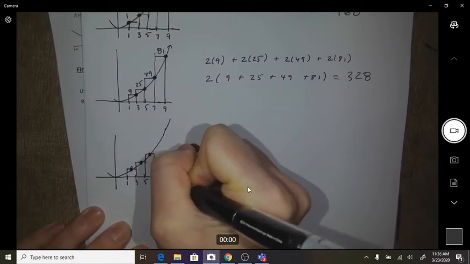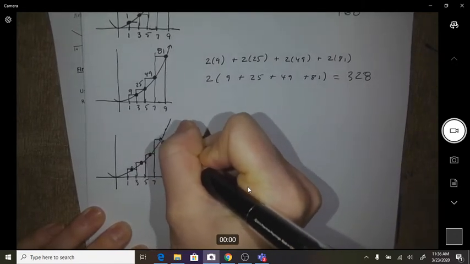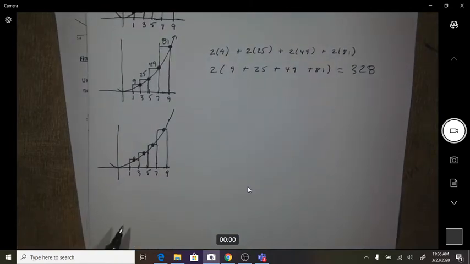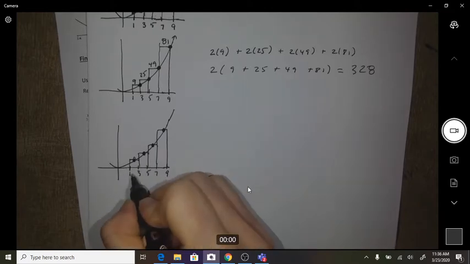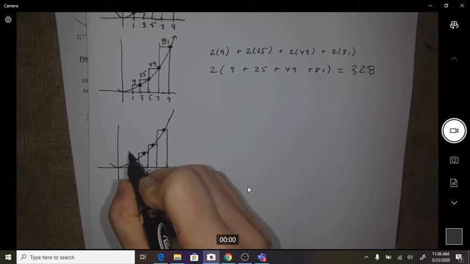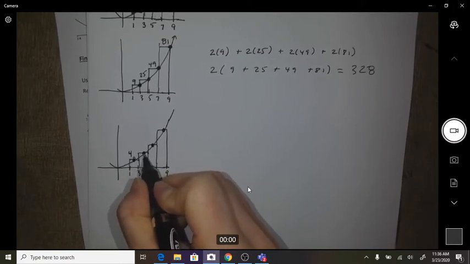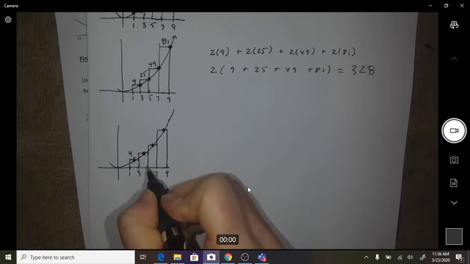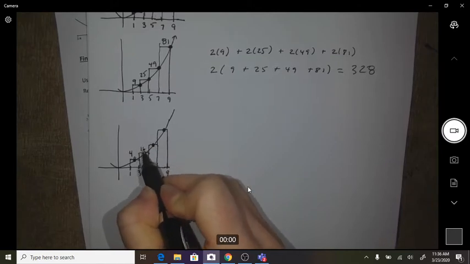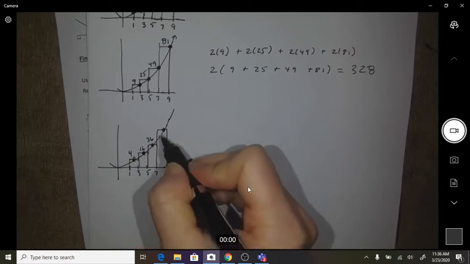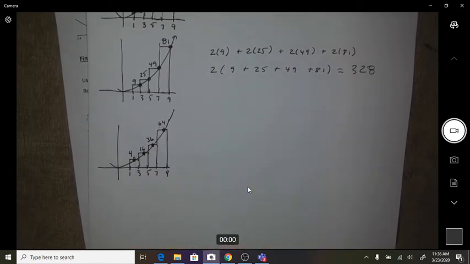So I get 4 subdivisions. Can you see that's the midpoints? This is a better estimation, I can see. Okay, so the x value here is actually 2, so the height of this is 4. Here, my point is at an x value of 4, so 16. 6, so this height would be 36, and 64.